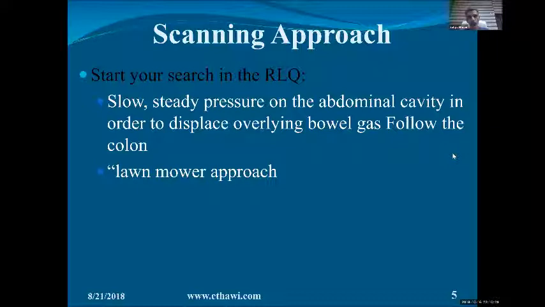Also, if you're suspecting intramural gas or pneumatosis intestinalis, when you apply some pressure and then release, it will return to where it was. It will remain there. But if it's intraluminal, then it will disappear.